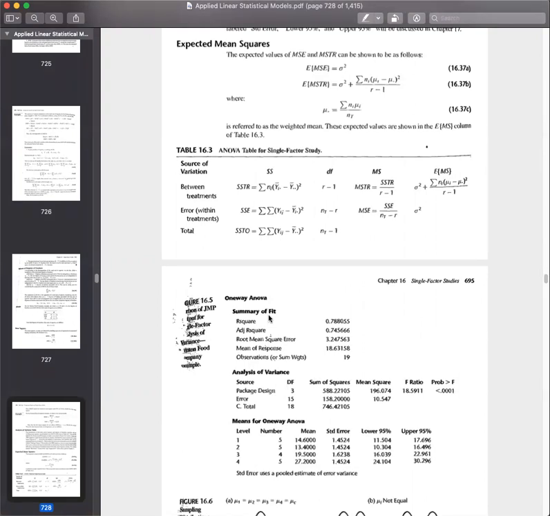The expected mean squares. The expected values of MSE and MSTR can be shown as follows: the expected value of MSE equals sigma squared, and the expected value of MSTR equals sigma squared plus the summation of ni times mu i minus mu dot squared over r minus 1, where mu dot equals the summation of ni mu i over nT. It is referred to as the weighted mean.